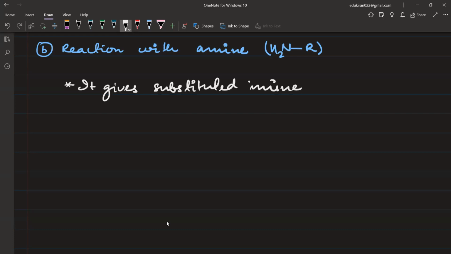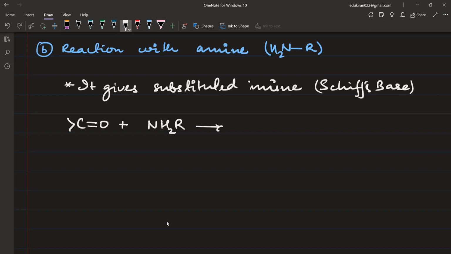This is also known as Schiff's base. C double bond O plus NH2R is going to give you C double bond N, R.